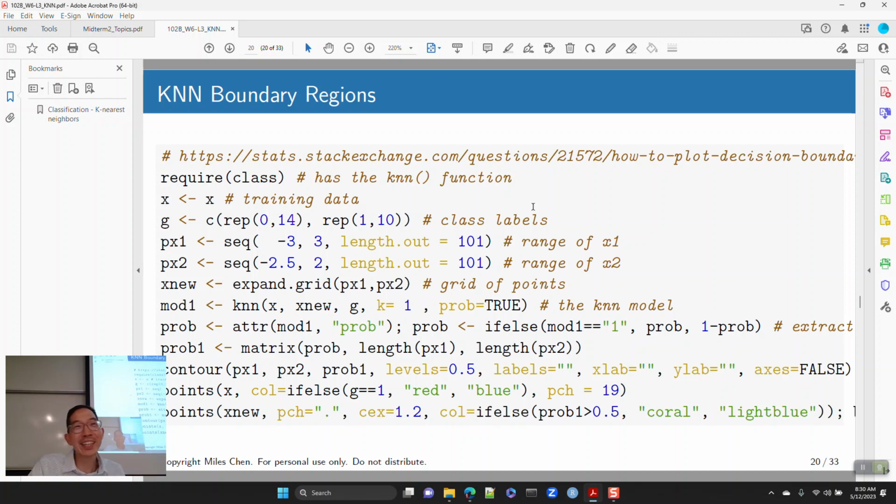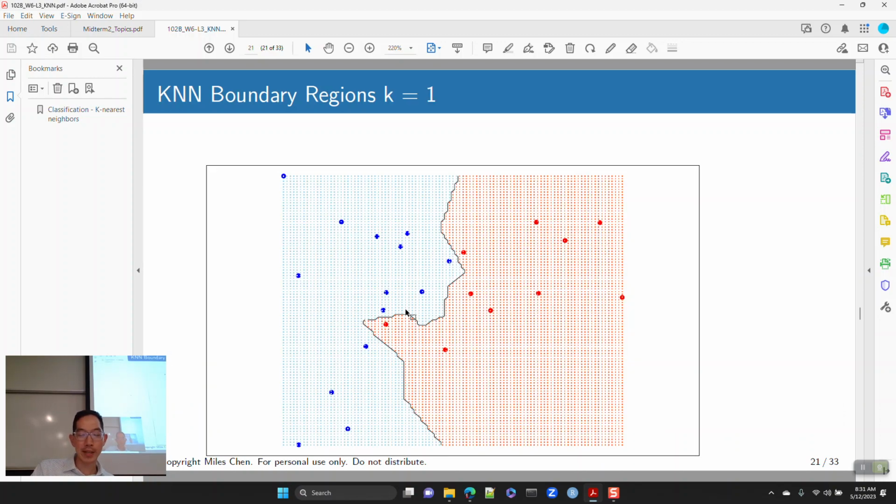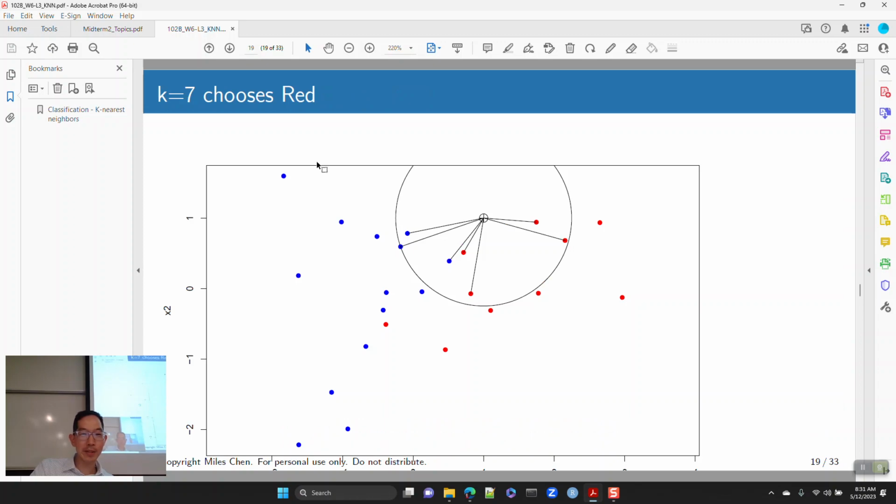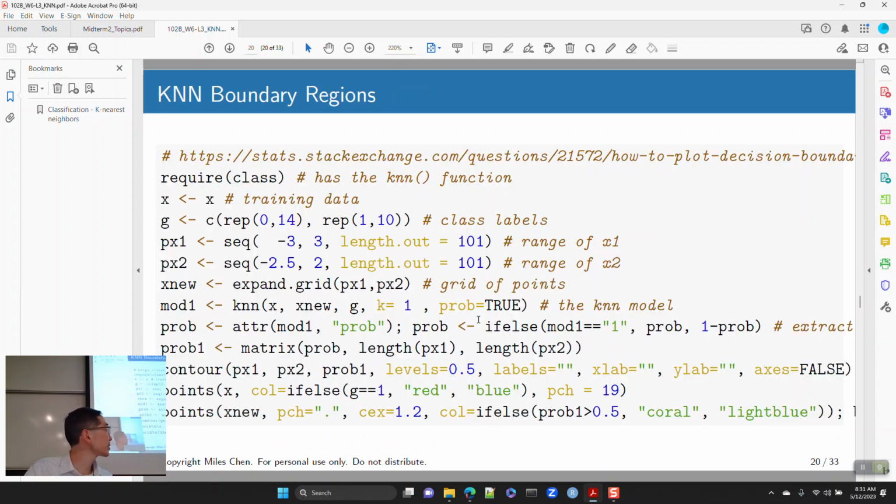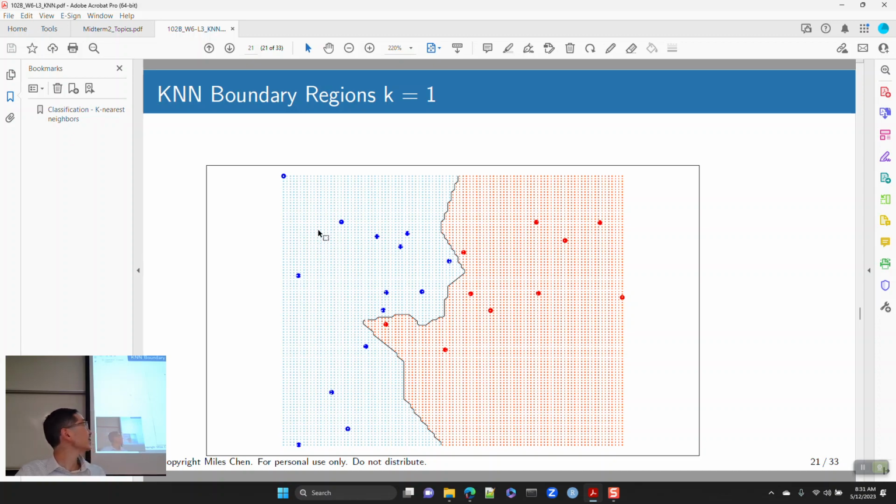Anyway, this code can draw some boundary regions for us. This is the same grid of points. What this code has done is create little test points at every single one of these, and then it uses k nearest neighbors to ask: if I have a point at this dot, what is my one nearest neighbor?